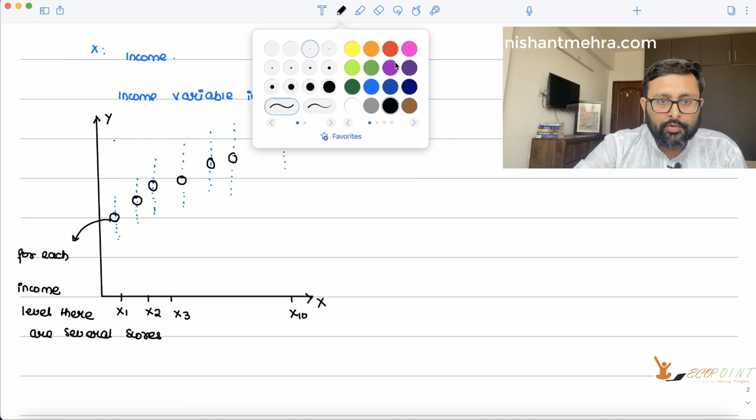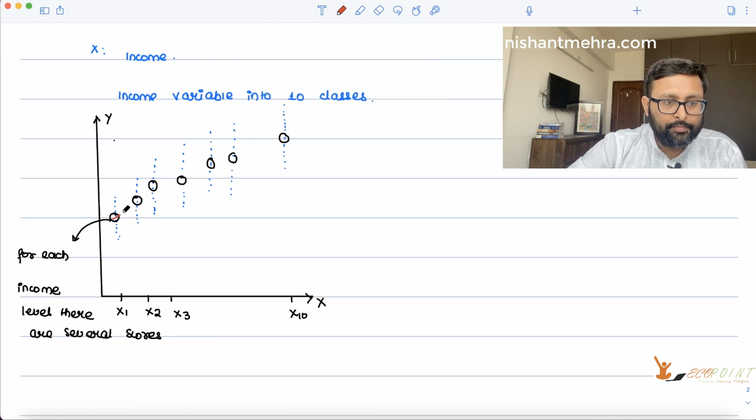Then you join all of these means together for the different income classes.